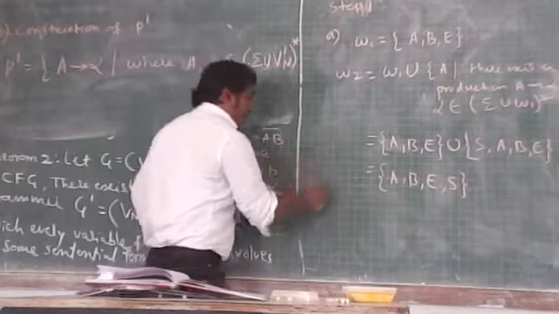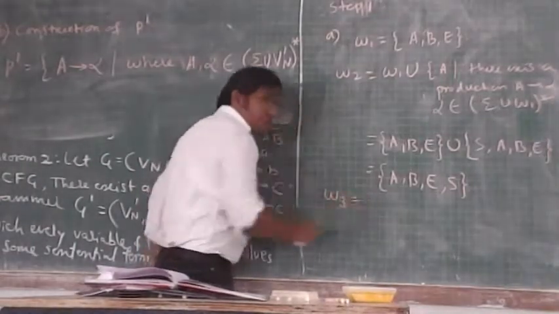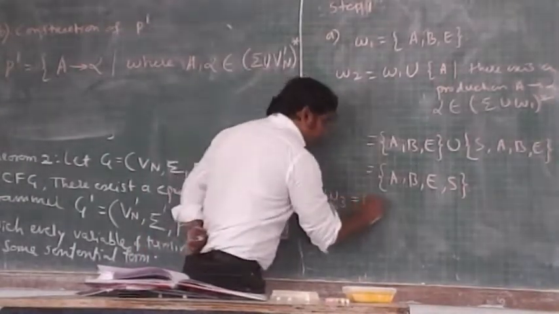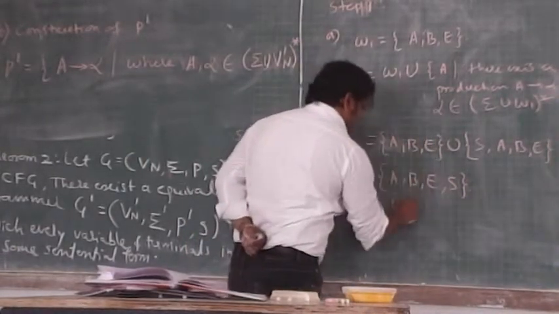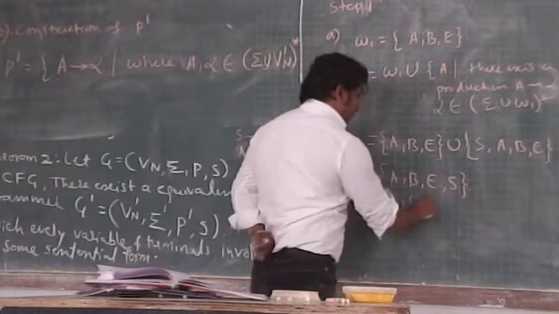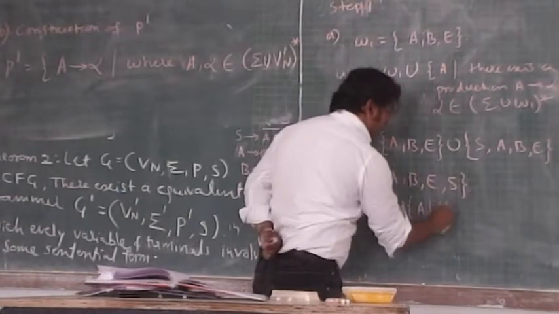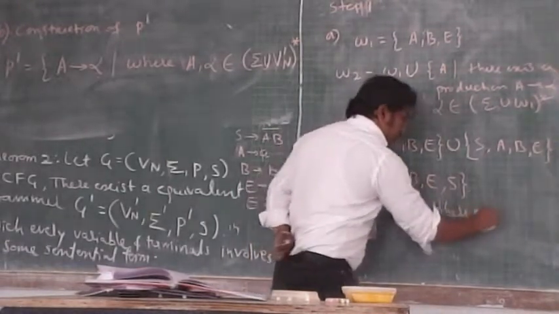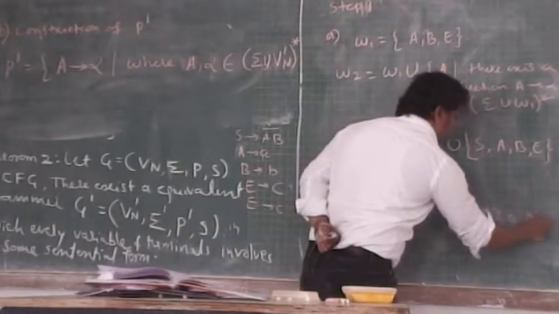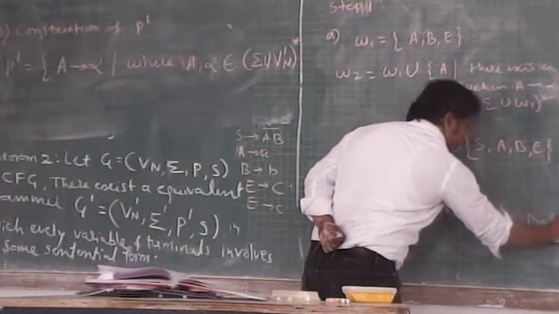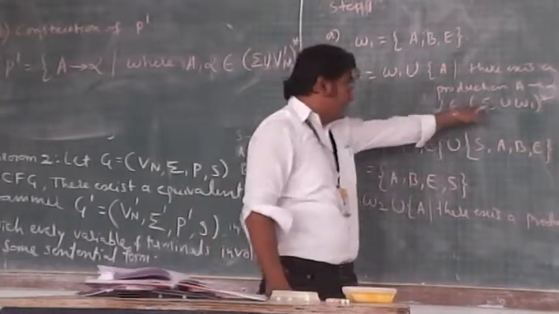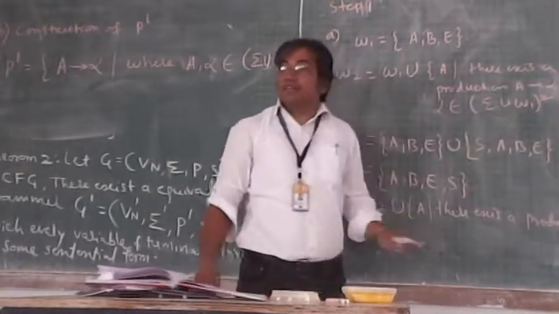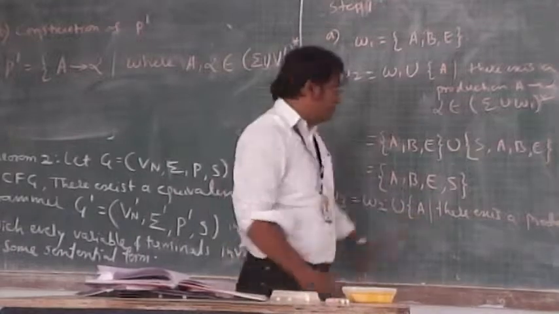Further I go for calculating W3. W3 is equal to W2 union again, where there exists a production. You have to write it once again, because in this step you are considering not W1 but W2. That's why you need to write all this.